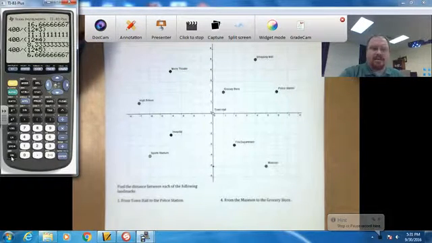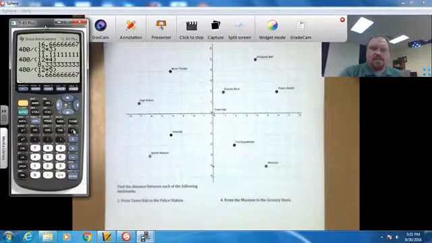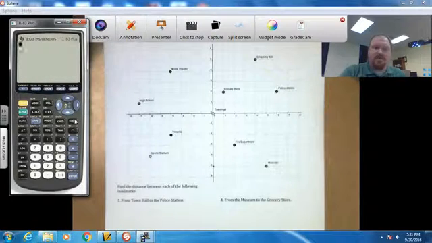I turn it on. To make the square root appear, you have to hit second and this little x squared button over here. Then I'm just going to type in a number. So if they want us to find the square root of 36, I can type that in and hit enter. It gives me a whole number of 6.